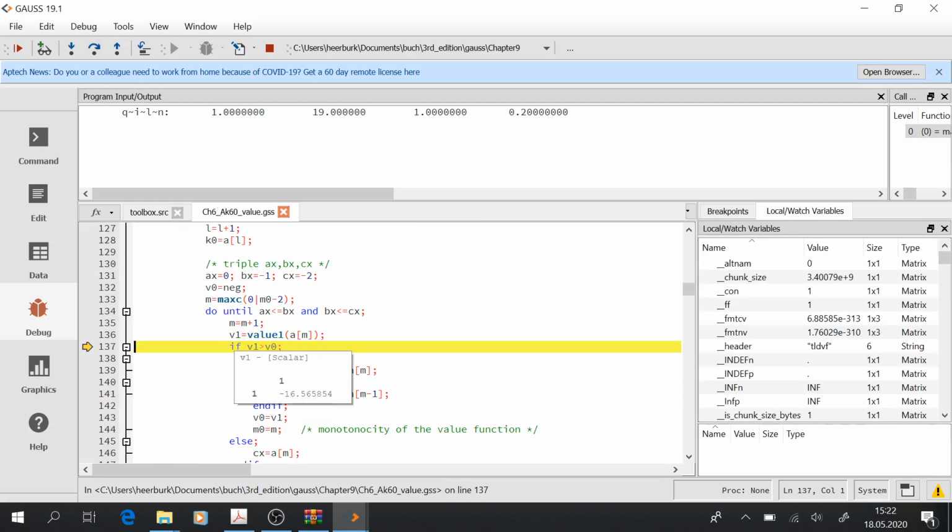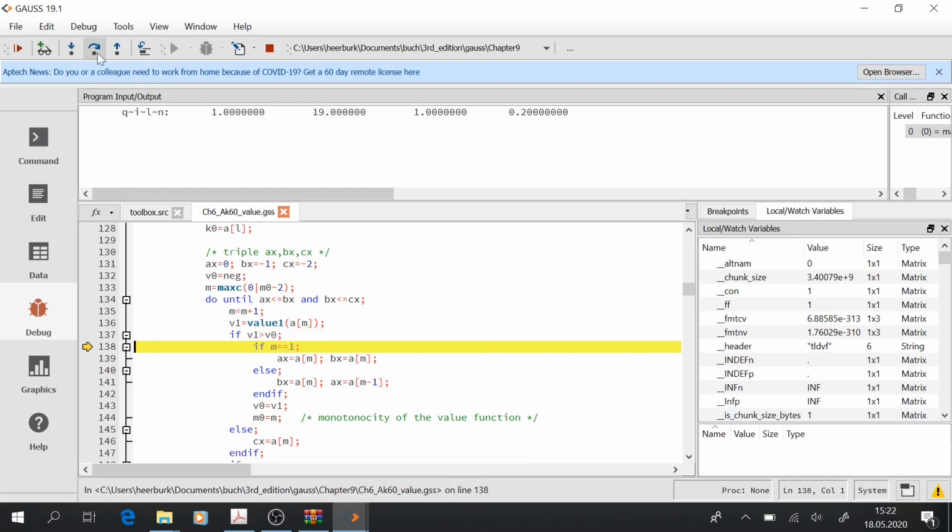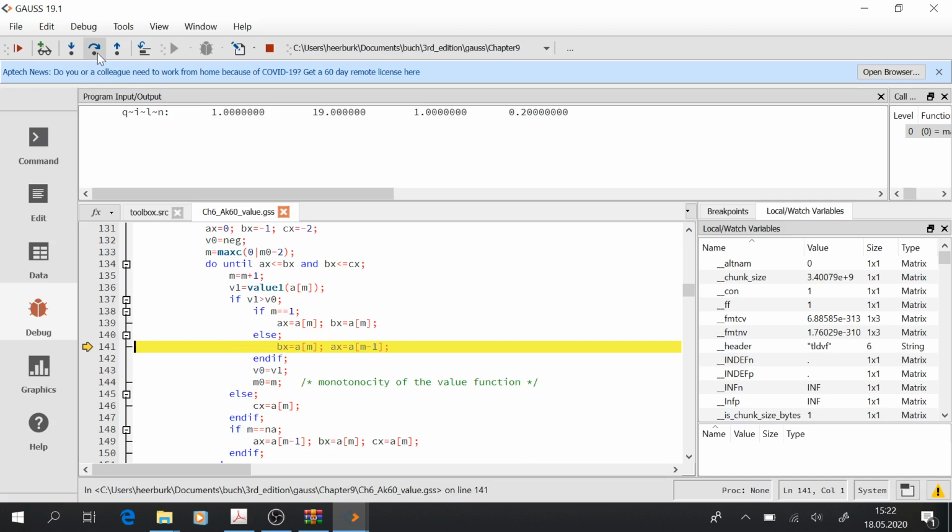Let's compare it to the right-hand side of the Bellman equation, when next period assets is 0. And as you can see, it's still larger, so we allocate the value 0 to the lower threshold. We have to provide an intermediate value here, bx, for the golden section search, and cx is still minus 2.